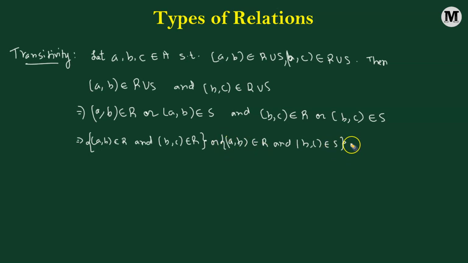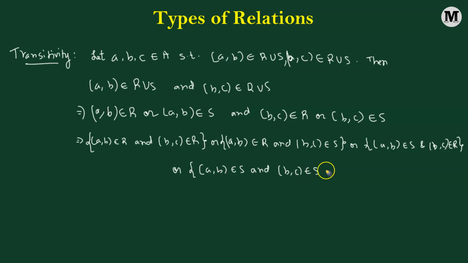The third possibility would be, we have A comma B belonging to the relation S, and we have B comma C belonging to the relation R. Or we could have the fourth possibility where the ordered pair A comma B belongs to the relation S, and we have the ordered pair B comma C belonging to the relation S.